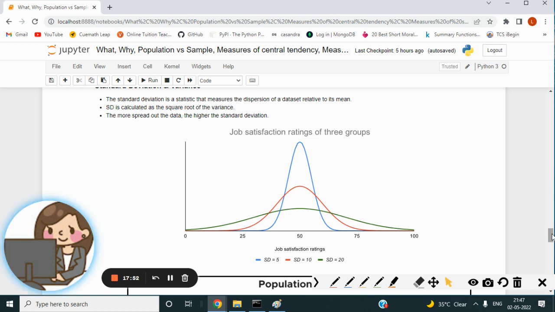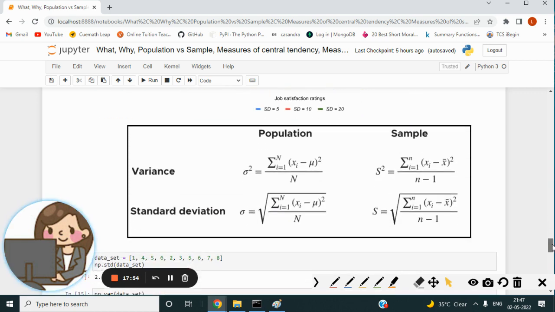Now let us see how the calculation is done. First we'll see how variance is calculated.